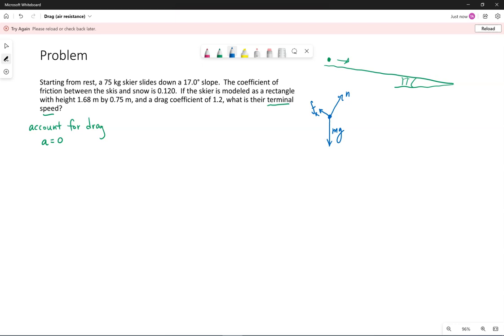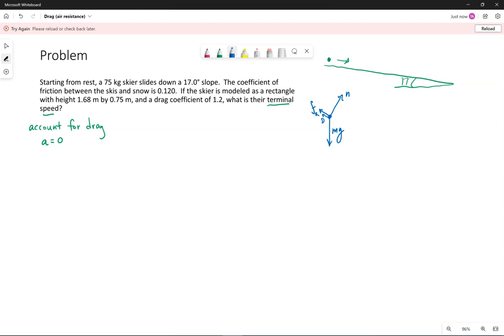The problem doesn't specifically state it's kinetic, but it is implied since the skier is actually sliding. There's going to be drag. Drag is always opposite the motion, just like kinetic friction is. So that accounts for all the forces that the skier would be experiencing.